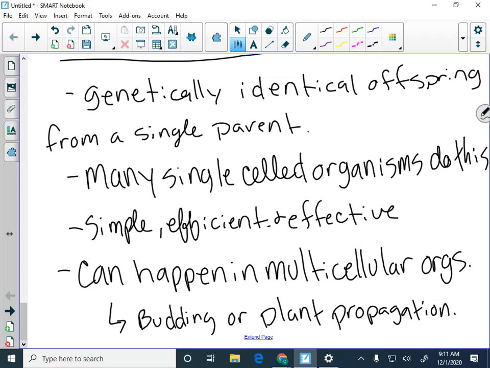Or they will just see a plant on the side of the road, pick it up and propagate it, or grow it based off of a clipping. That is the same thing as asexual reproduction. That plant that you are growing out of that leaf from a plant that you took off a plant in the grocery store is the same plant. It is genetically identical to the plant that you took from the grocery store.